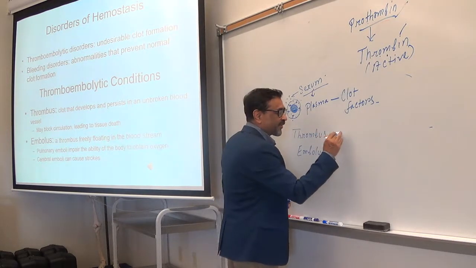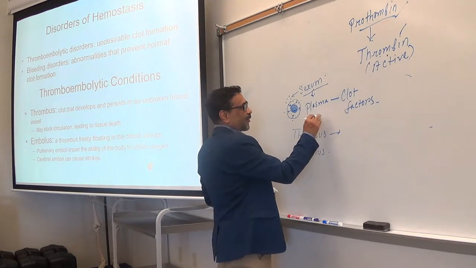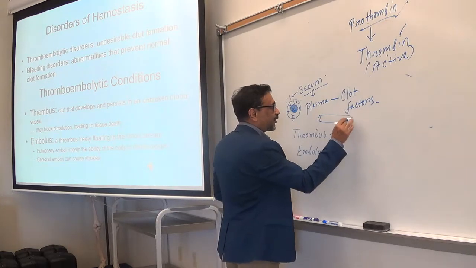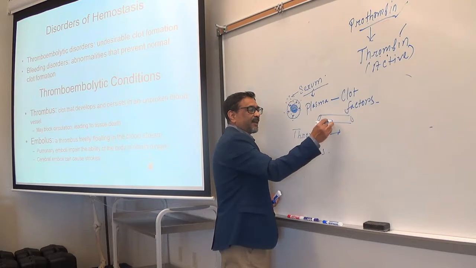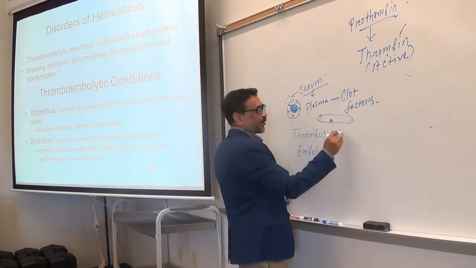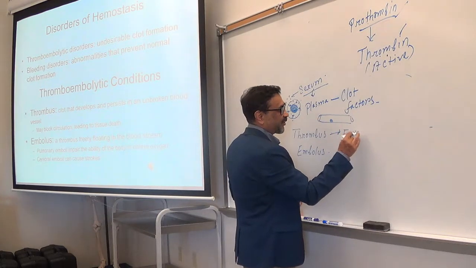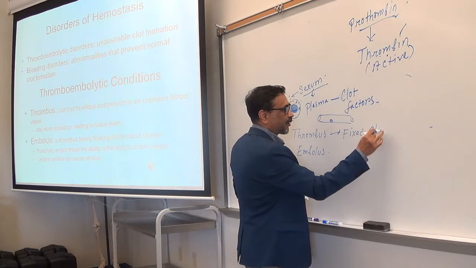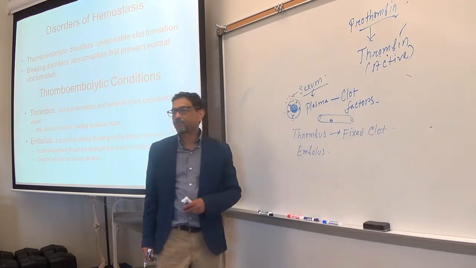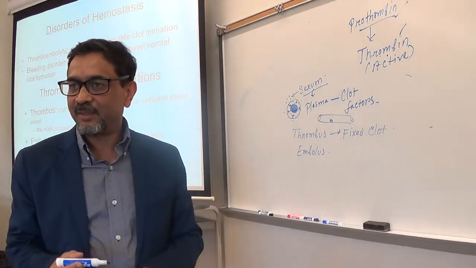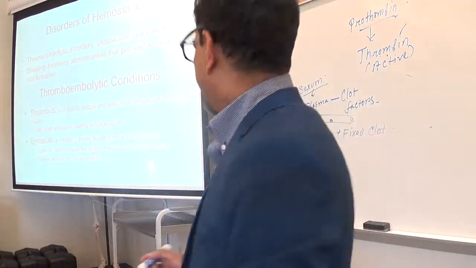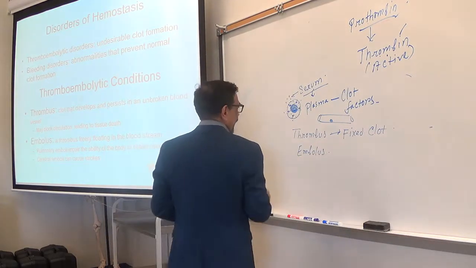What is thrombus? If a blood clot is formed inside the artery or a blood vessel and stays attached to the wall, so this is a fixed clot, attached to the wall of the blood vessel. Okay? That is called thrombus.